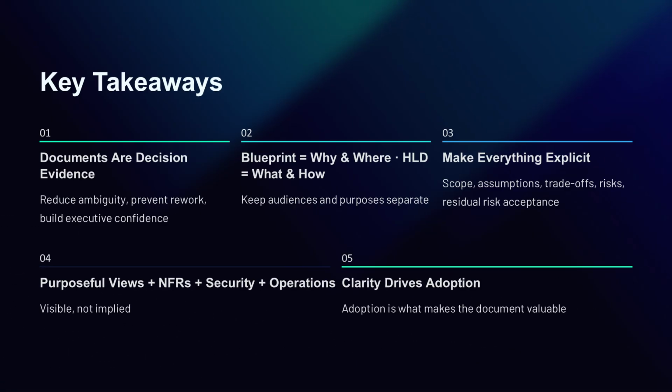Let's now discuss the key takeaways from what you learned so far so you can write clear, defensible architecture blueprints and high-level designs. An architecture blueprint and a high-level design are evidence of decisions that reduce ambiguity, prevent rework, and build executive confidence.